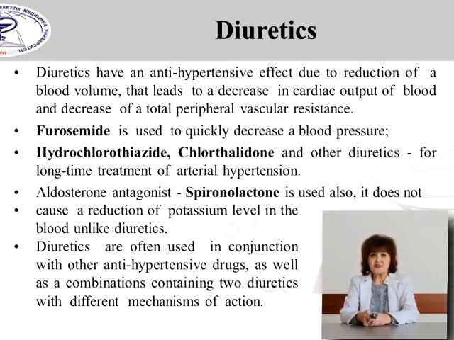It does not cause a reduction of potassium level in the blood, unlike diuretics. Diuretics are often used in conjunction with other antihypertensive drugs, as well as combinations containing two diuretics with different mechanisms of action.